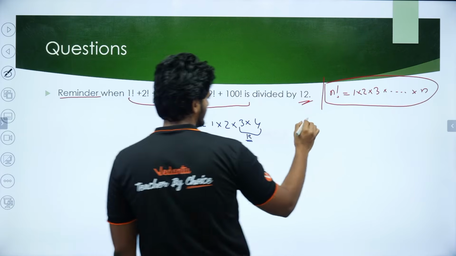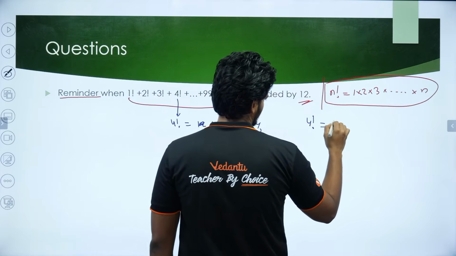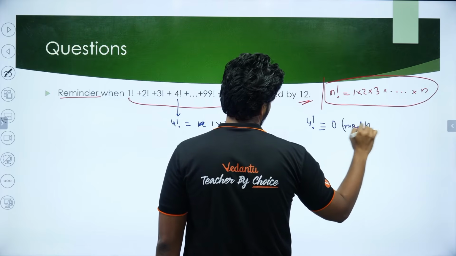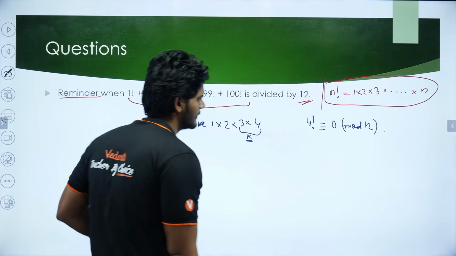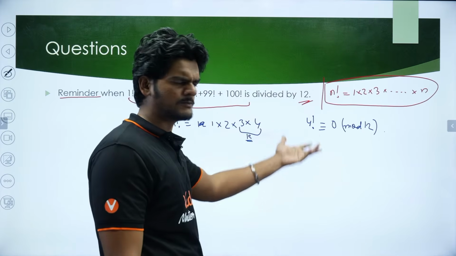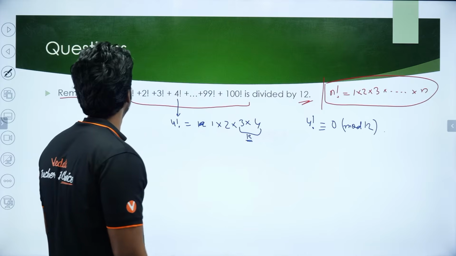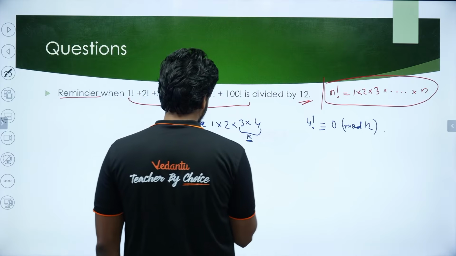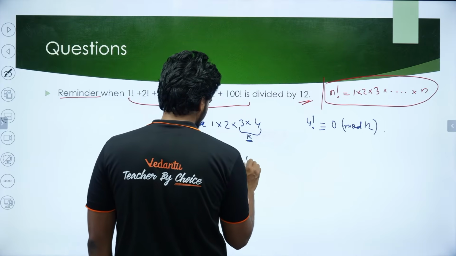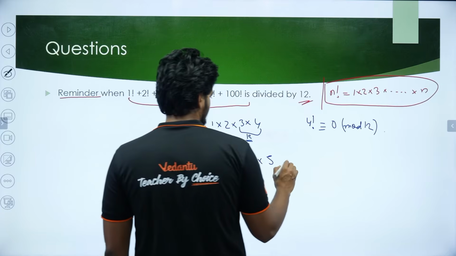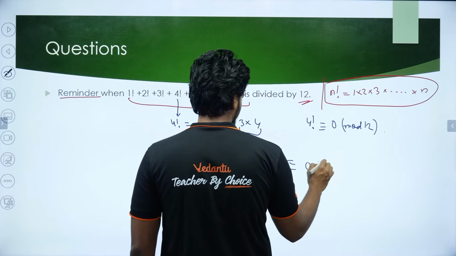So 4 factorial is 0 mod 12, right? 4 factorial is 0 mod 12. Now that means 5 factorial is simply 4 factorial times 5. Please notice this, which is congruent to 0 into 5 mod 12.